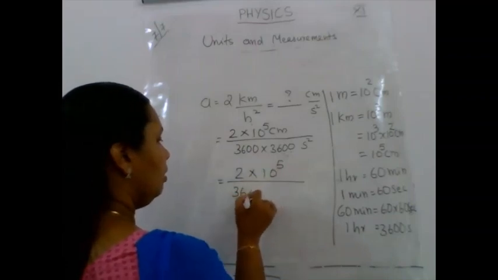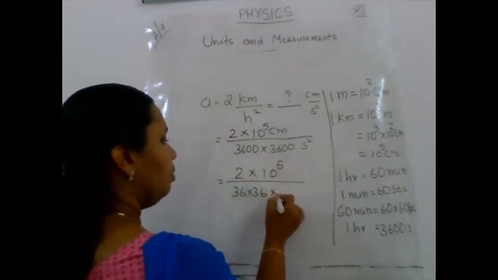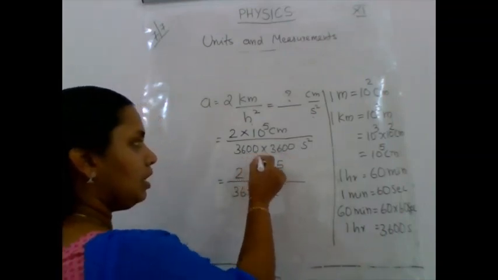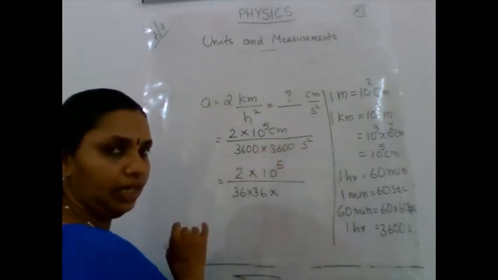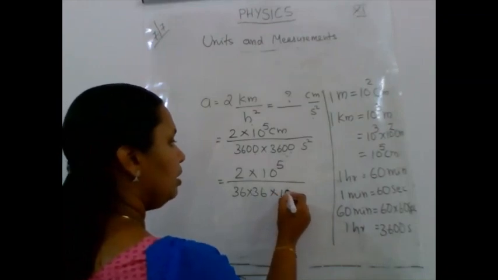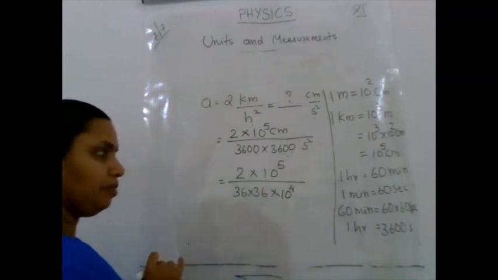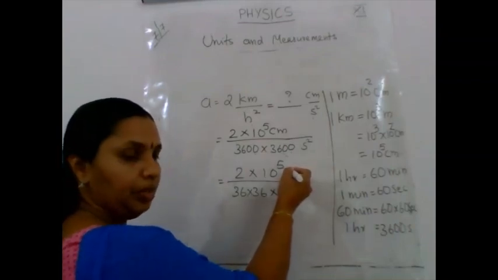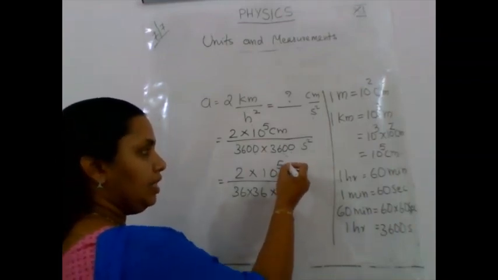36 into 36 into how many zeros? 1, 2, 3, 4. 36 into 100, 36 into 100. So 2 hundreds are there, that is 10 raised to 4. This 10 raised to 4 goes to the numerator as 10 raised to minus 4.